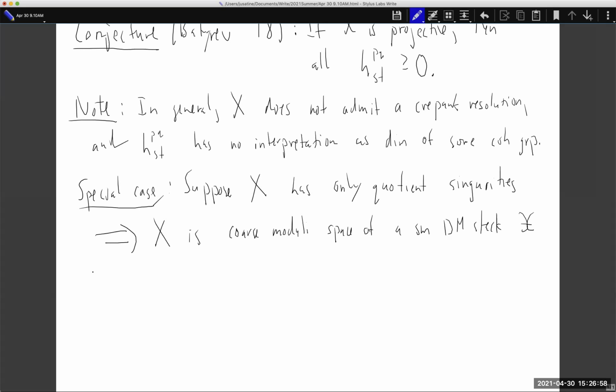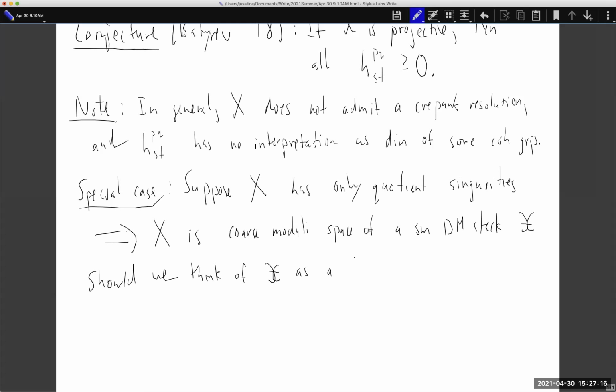And maybe a question one could ask is, should we think of the smooth Deligne-Mumford stack as some version of a Crepant resolution of X?